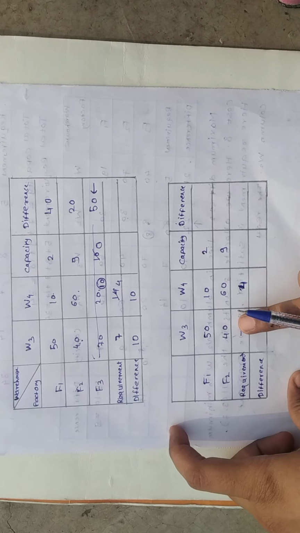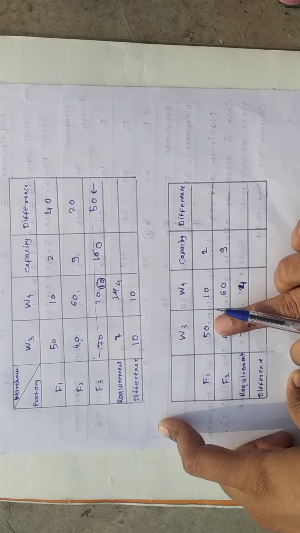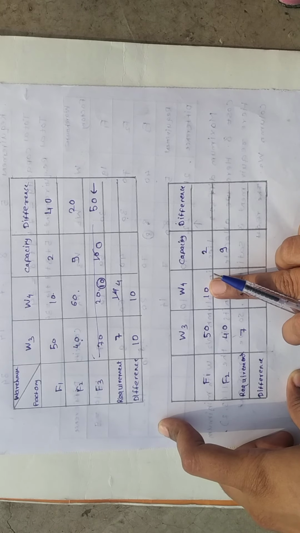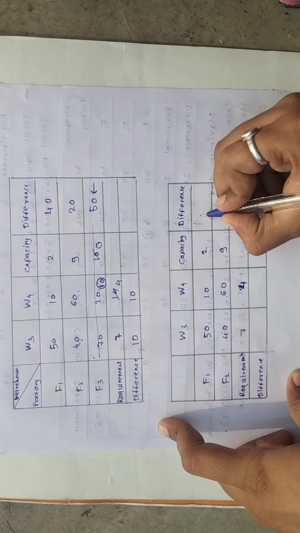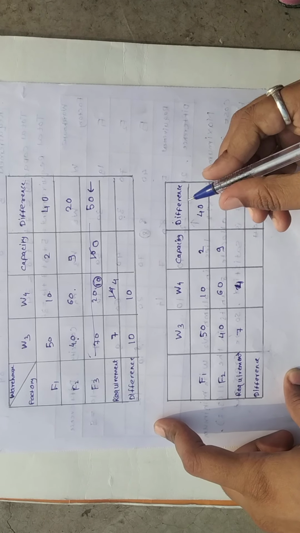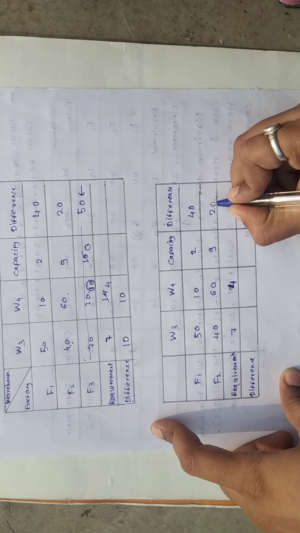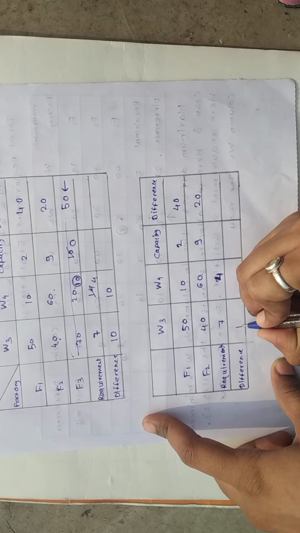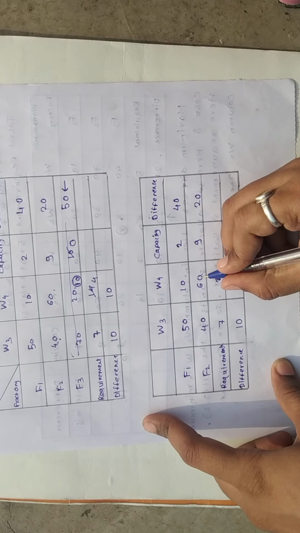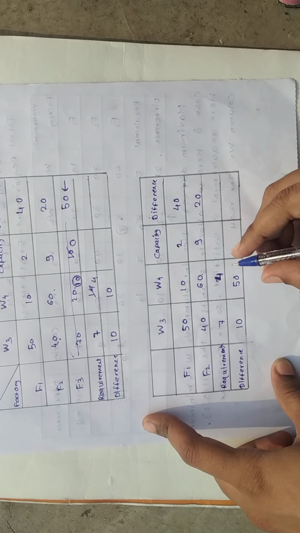The reduced transportation table. For the first row, the smallest cost is 10 and the second smallest cost is 50, so their difference is 40. Here 40 and 60, so their difference is 20. Here 50 and 40, so their difference is 10. 10 and 60, so their difference is 50.